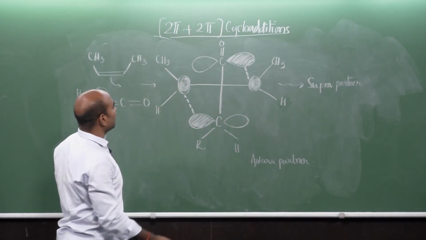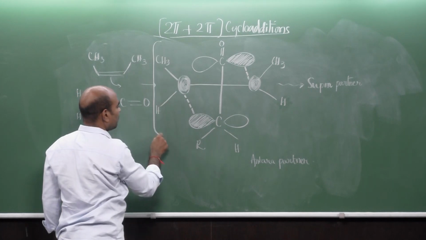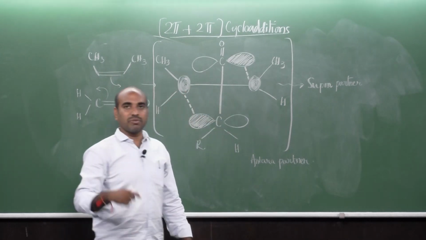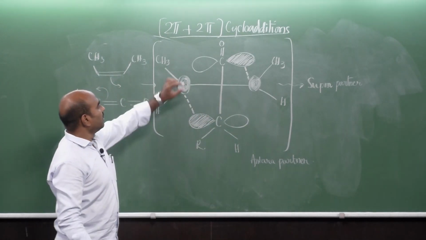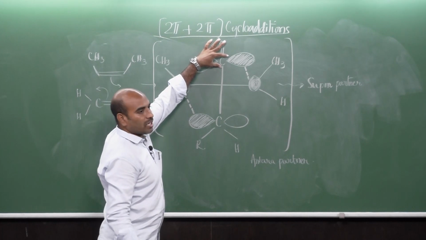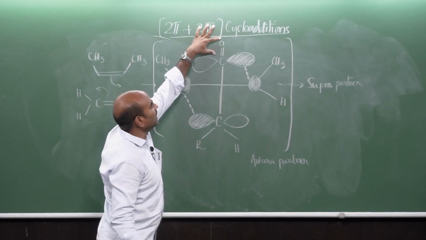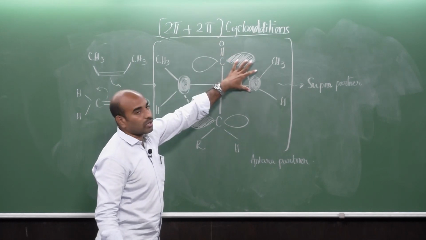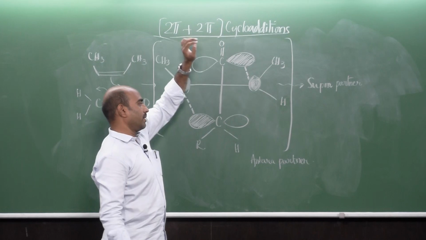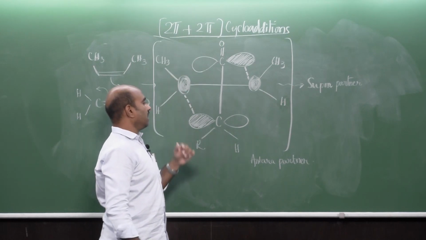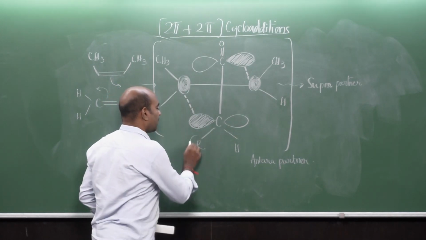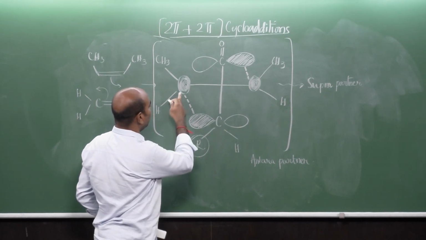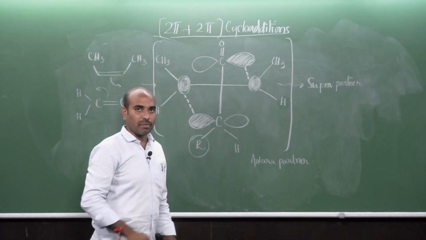So, in the cyclic transition state, as we have mentioned earlier, the sterically less crowded carbon atom, that is the carbonyl carbon atom of the ketene, will be close towards the sterically more crowded carbon atom of the olefin. So, that is the case here. If you see here, this is the sterically crowded carbon atom of the ketene and it is close to the less sterically crowded side of the olefin carbon atom, right.